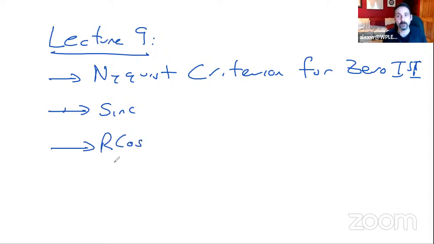Sinc pulses have problems. Raised cosine, on the other hand, is used a heck of a lot in many applications. You're going to see this used a lot, even in this course, and any follow-on communication courses.